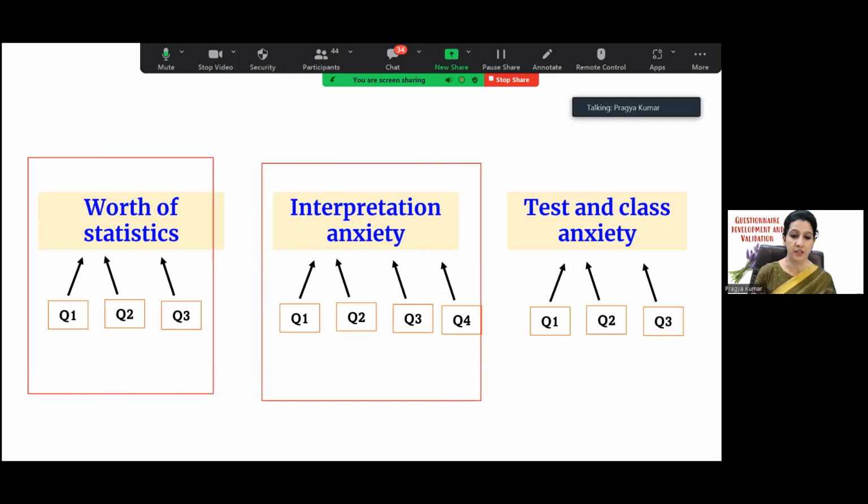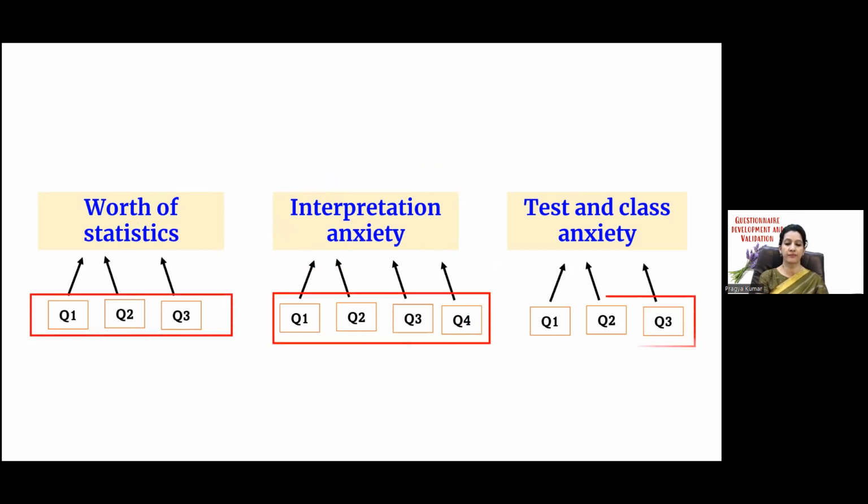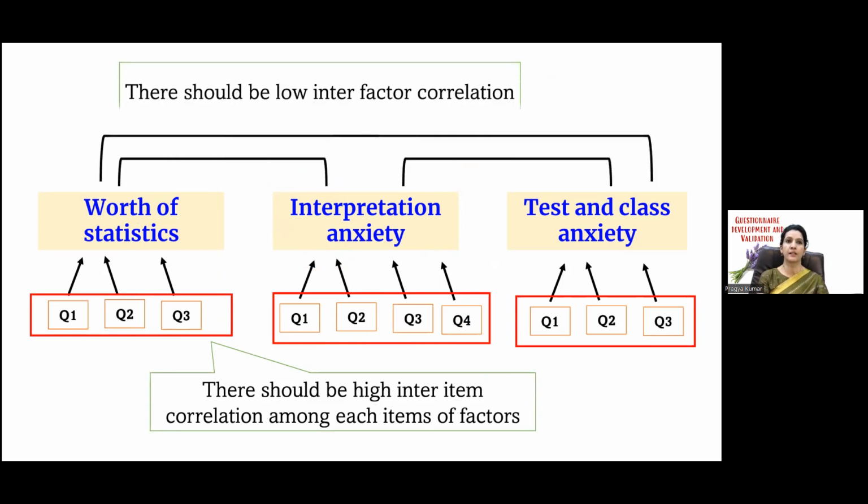This is the convergent. But in discriminant, between interpretation anxiety and worth of statistics, there should be less correlation. Then that suggests that this is a separate component, this is a separate component, and this is a separate component. So there should be high inter-item correlation among the items of the factor, and low inter-factor correlation.